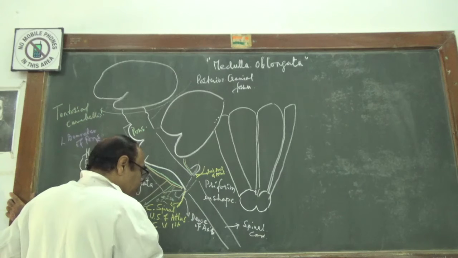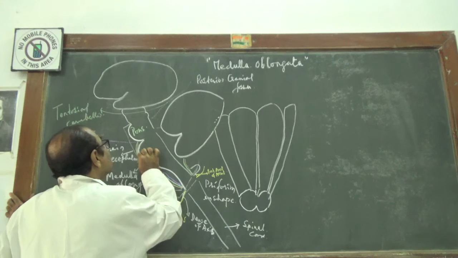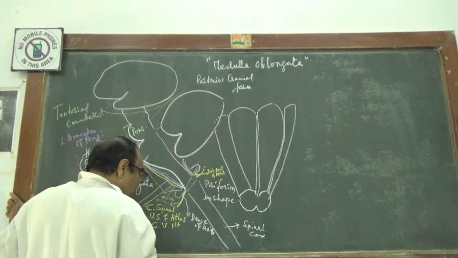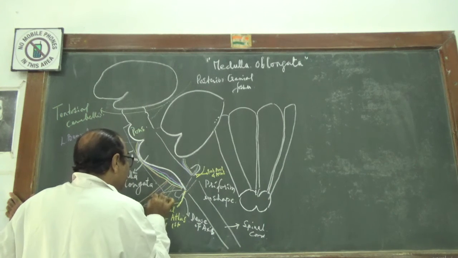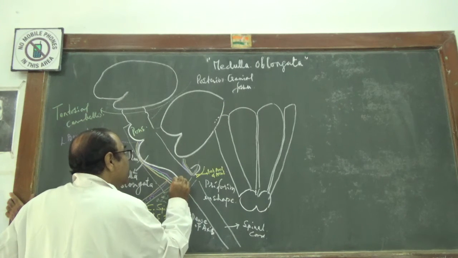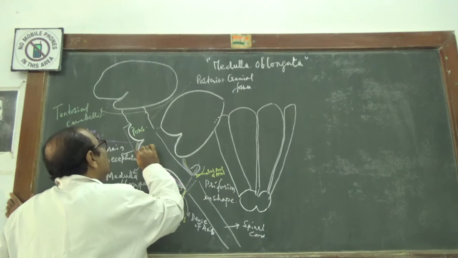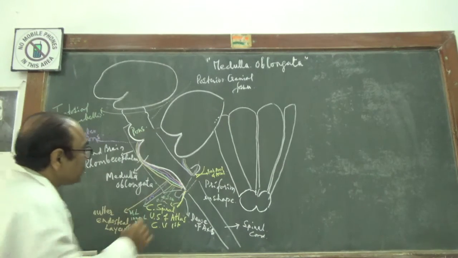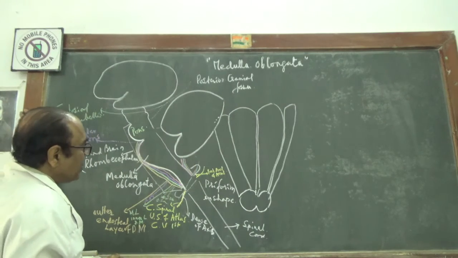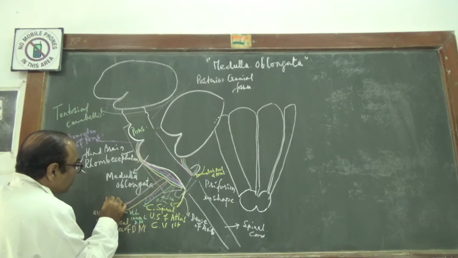Then it is also covered by the arachnoid mater, and it is also having the subdural space. Very close in contact with the surface as well as the border of the medulla oblongata from all sides, very delicate and thin, is the layer covering the medulla oblongata surface, called the pia mater.